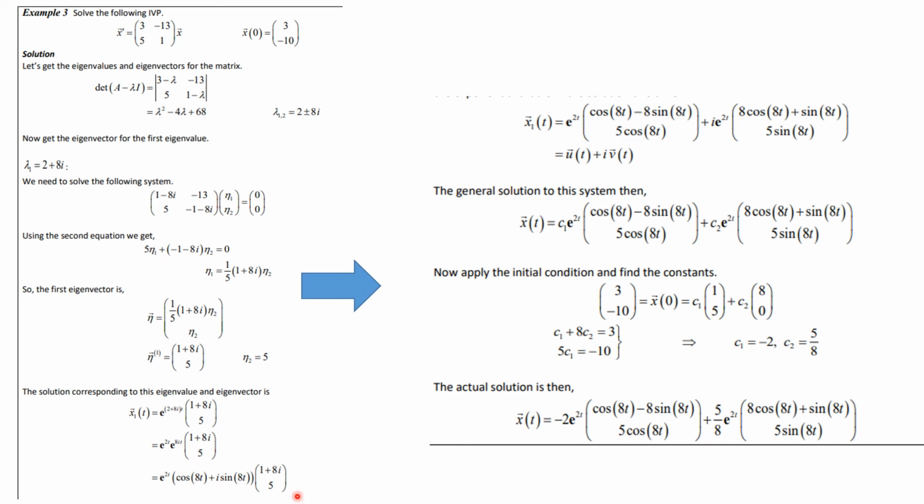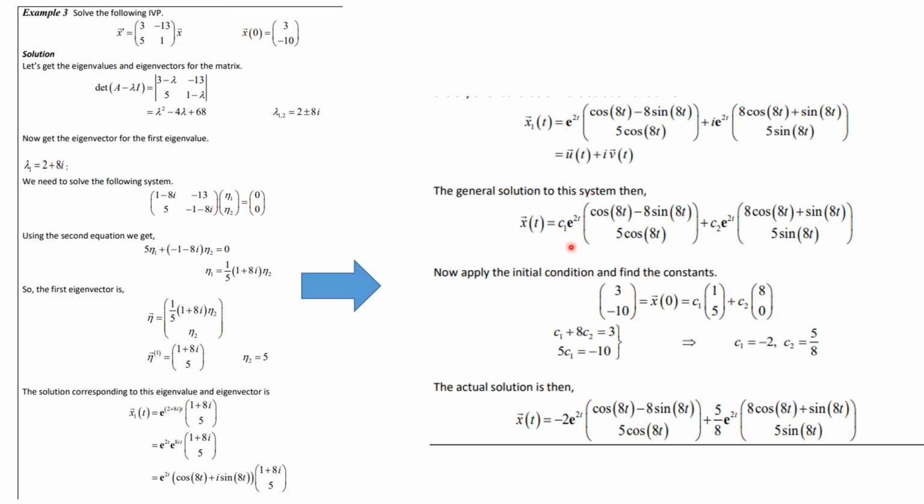Now there's a lot of calculation involved here, and you have to be aware that i times i is -1, and so on and so forth. But this then will become this after I do the algebra and I separate the i. So I have e to the 2t times this thing, plus i times e to the 2t times this thing. I think about this as being u plus iv.